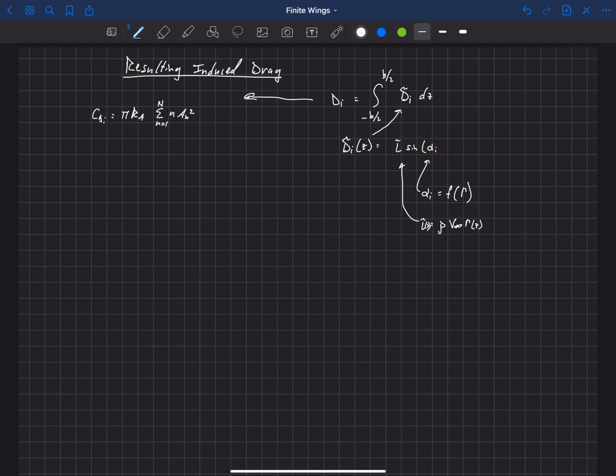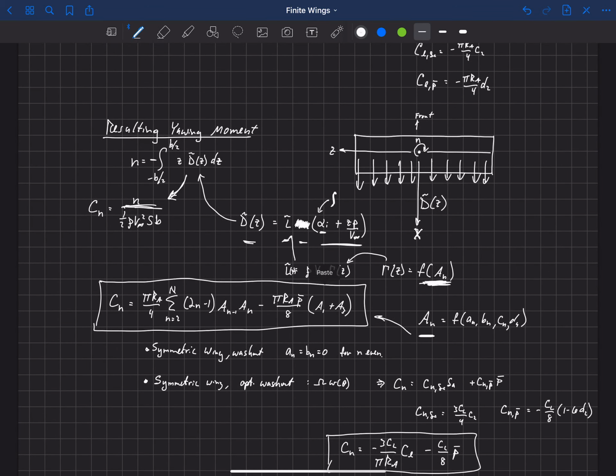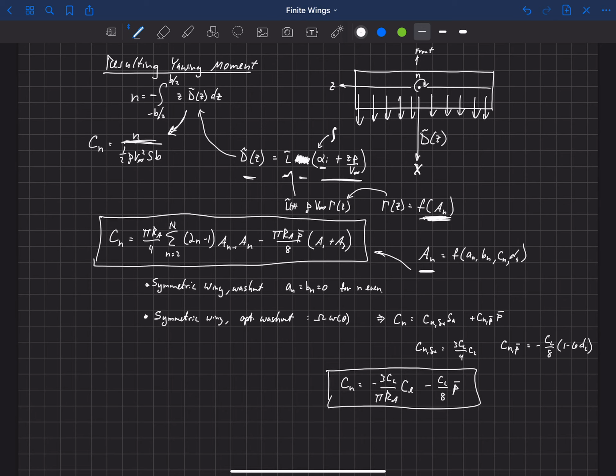Remember, if we go back up to our discussion of resulting yawing moment, we have this lift here rotated by not only the induced angle of attack, but also the change in angle of attack due to our rolling rate.